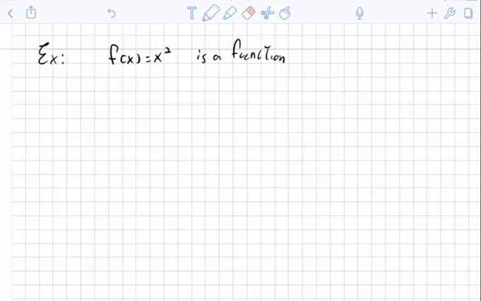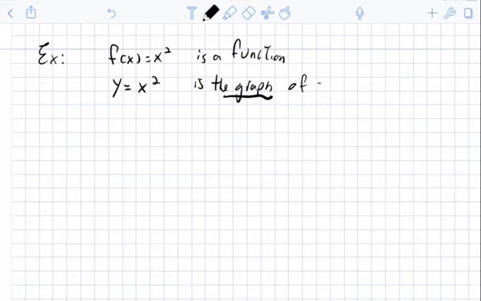Saying y is equal to x squared is the graph of a function. It's a representation of the function as a line on the Cartesian plane. Incidentally, let's plot this.